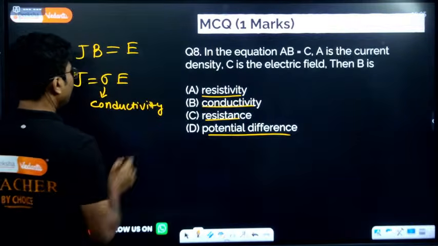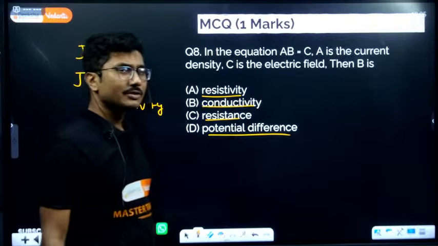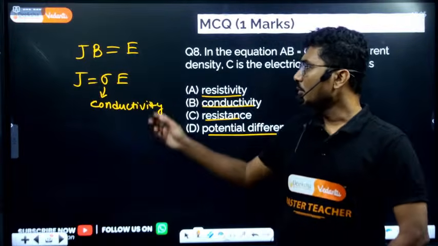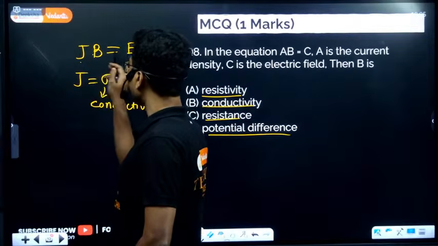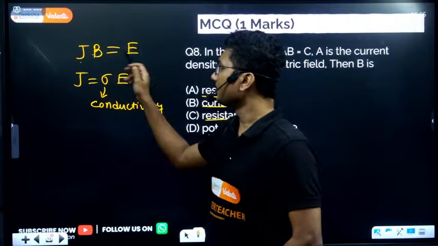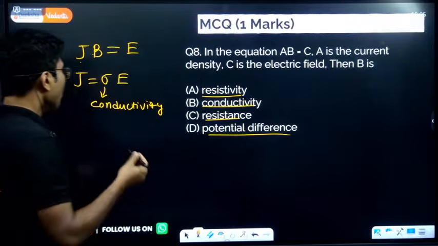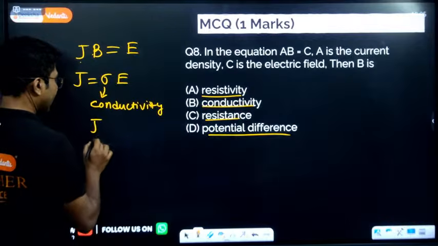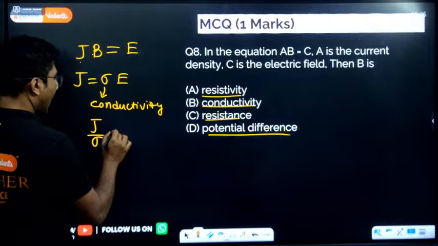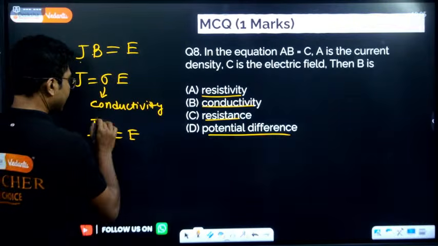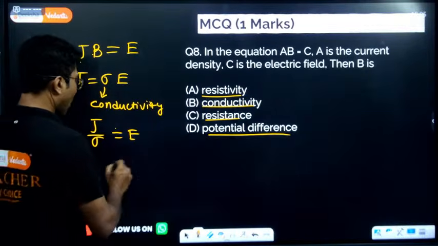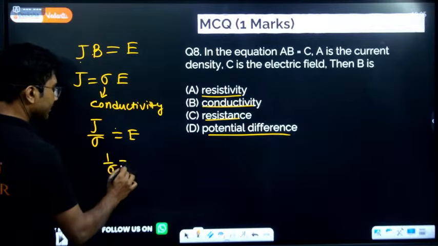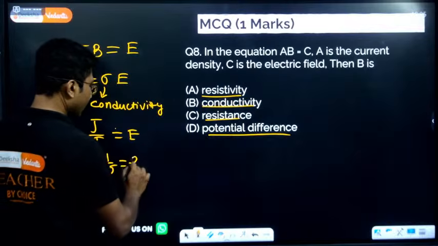Here the equation is not the same, but we can see J and electric field are both given, but B is on the side of J, not E. So we take sigma to the other side and write J upon sigma equals E. Now 1 upon sigma, or 1 upon conductivity, is called resistivity.